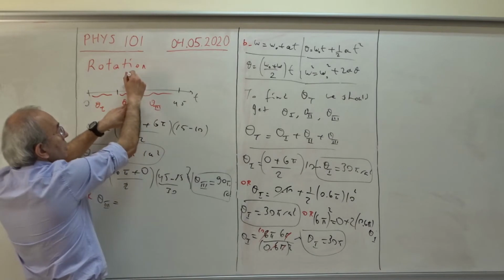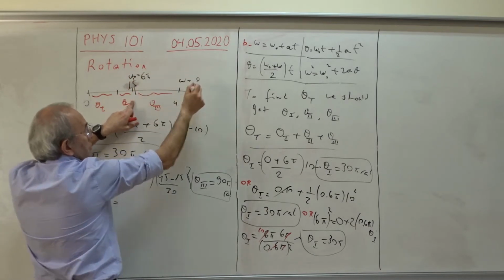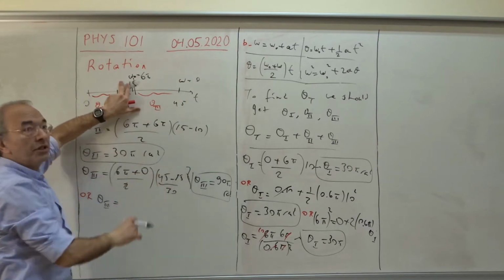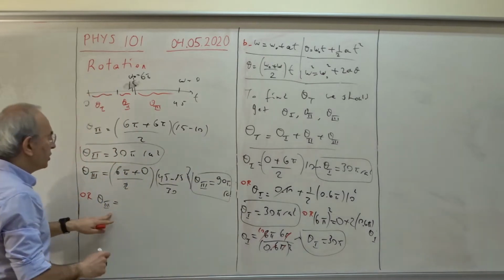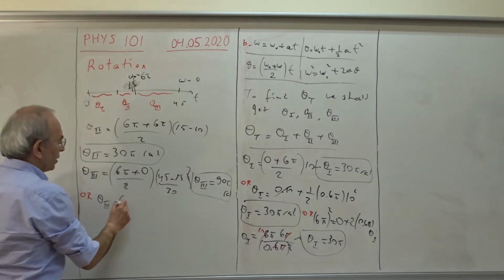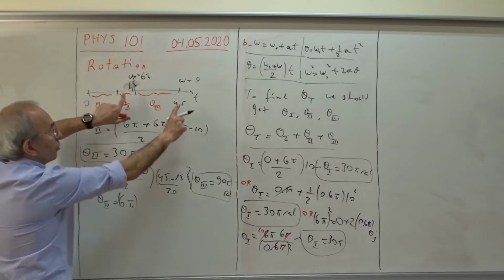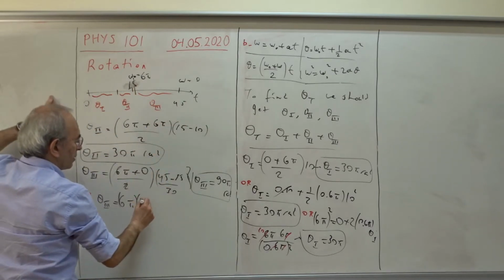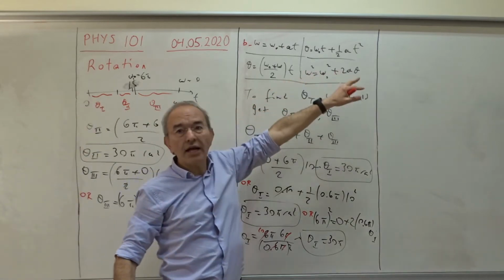The initial speed here is omega equals 6 pi radians per second, and final speed is 0. So it is initial value 6 pi multiplied by how many seconds? 45 minus 15, plus 1/2 alpha t squared.